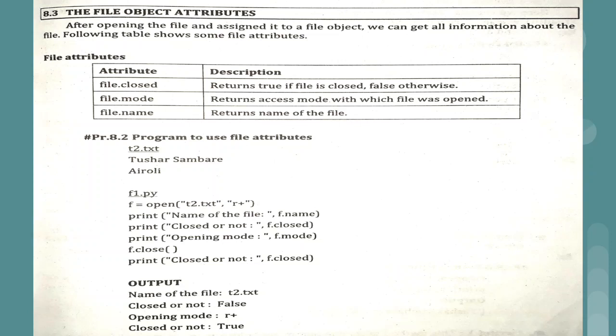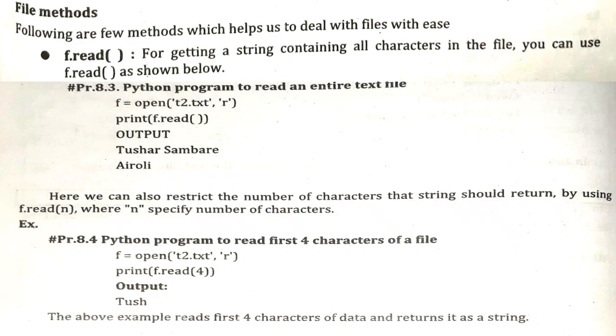Now again I have printed the same attribute, f.closed, and now you will get the output as true because we have applied the close method. So our file is closed, and the closed attribute returns true. I hope this is clear to you. These are the 3 attributes associated with the file.